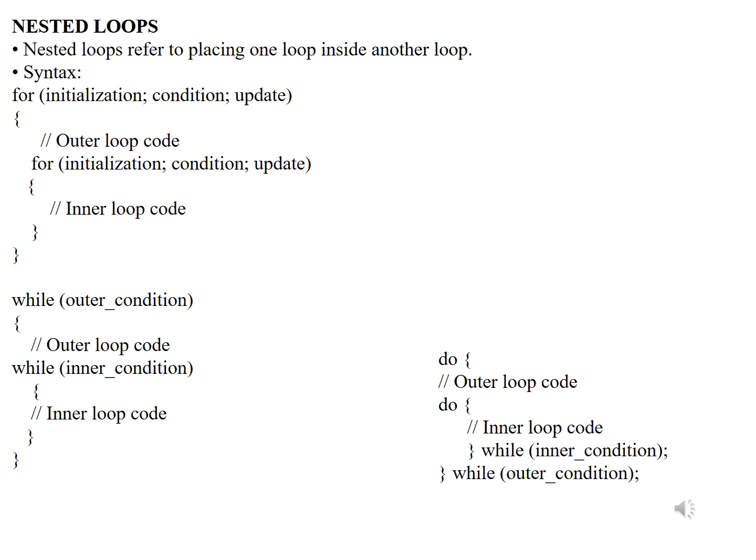In the same way you can also write the program for do { outer loop code, and again do { inner loop code } while (inner condition); } while (outer condition). So in these three ways we can write nested loops for all looping conditions. Thank you.